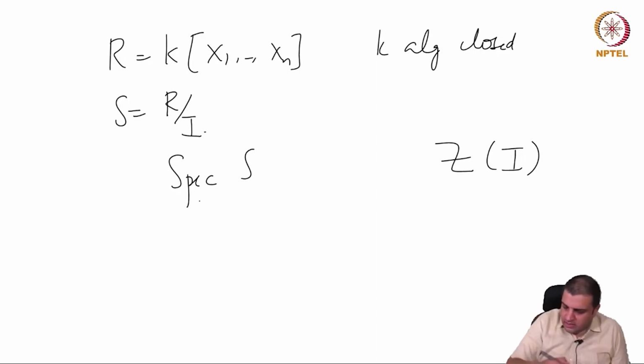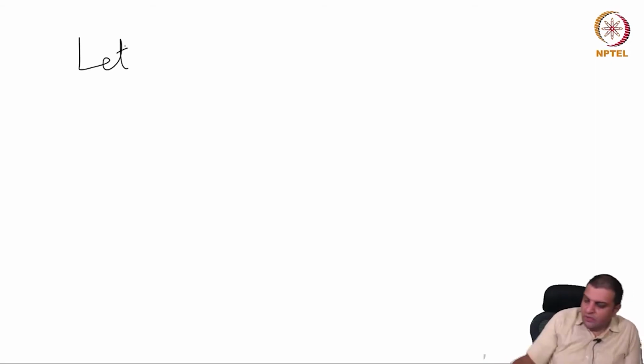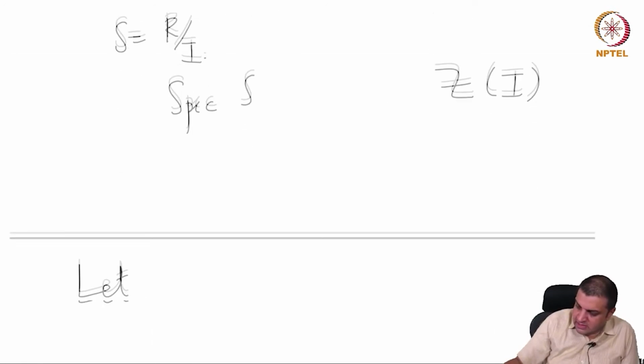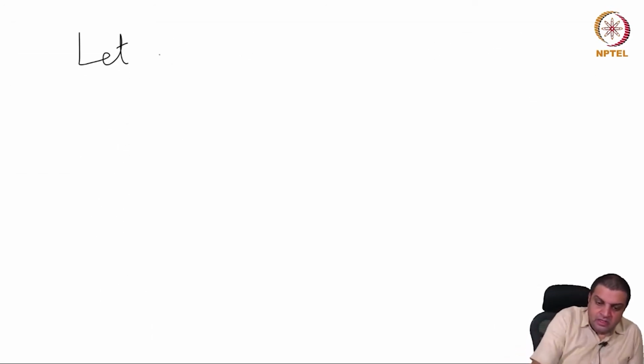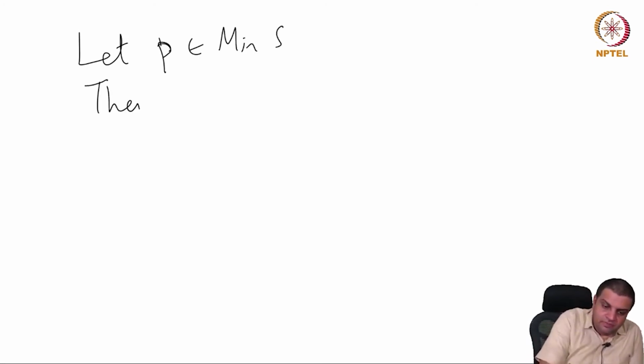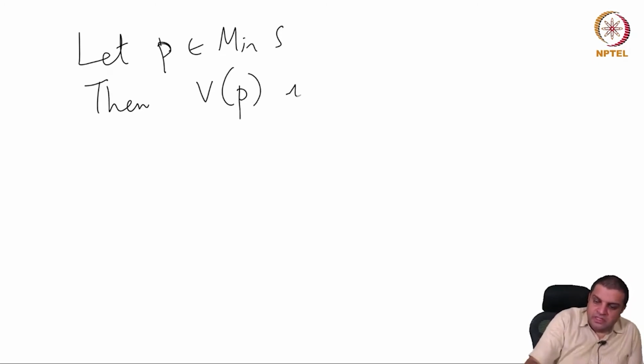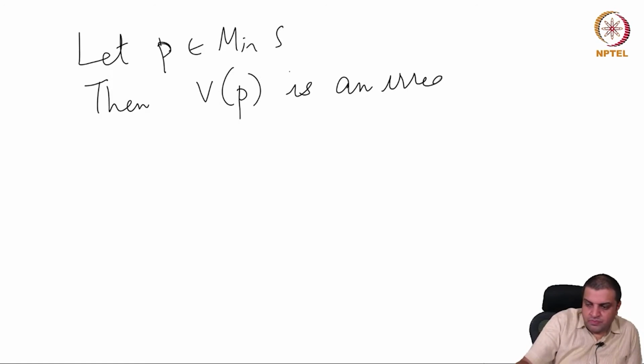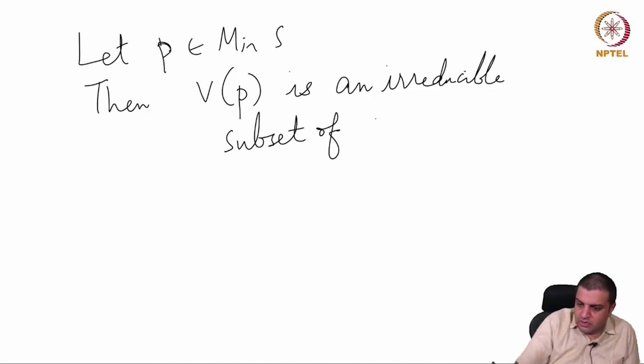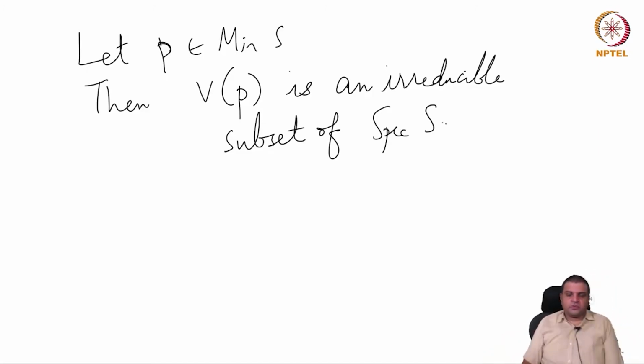Now let's take an irreducible subset of this. We know that an irreducible subset of Spec of S is V of P. Let P be a minimal prime of S, then V of P is an irreducible subset of Spec S. This we proved in the last lecture.